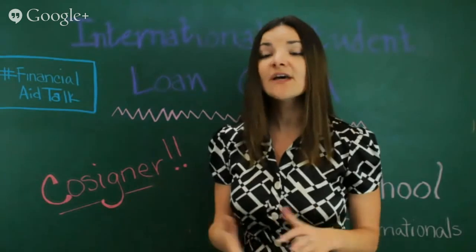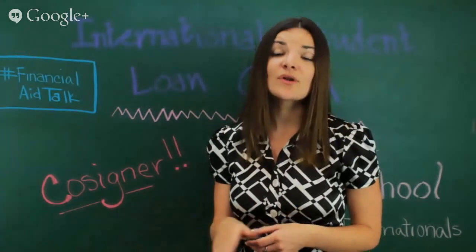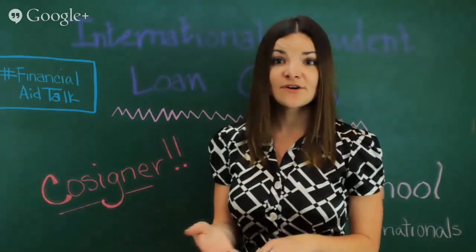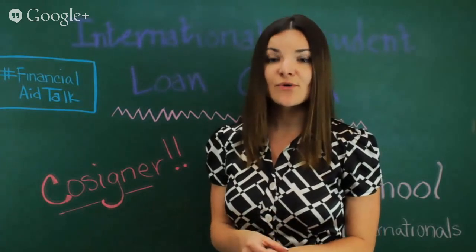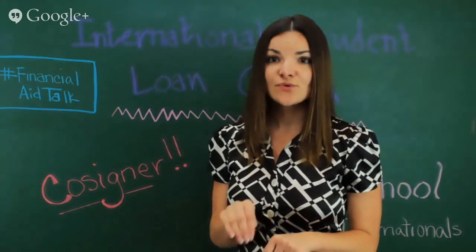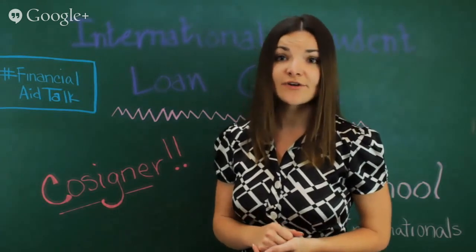So basically, you could get that entire 50% that you're missing in a student loan, as long as there's a lender for that school and that lender works with international students. So by using that comparison tool on the website, you'll be able to find all those lenders right away that are working for your school.